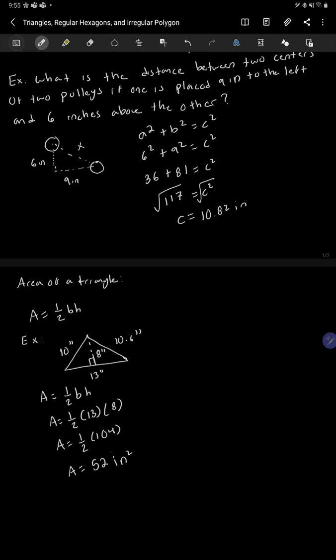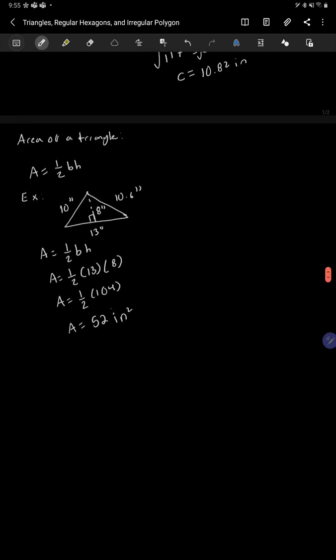So I want you to notice a couple things though. When I'm looking at the area of a triangle, in order to use this formula, I need to have the base and I need to have the height. So what if I ask you to find the area of a triangle that only has this information? I can see that it has two sides that are the same.